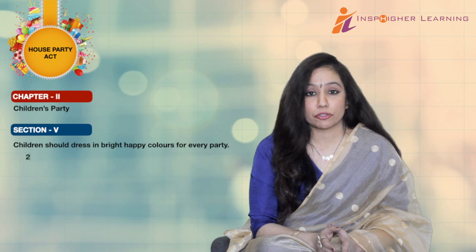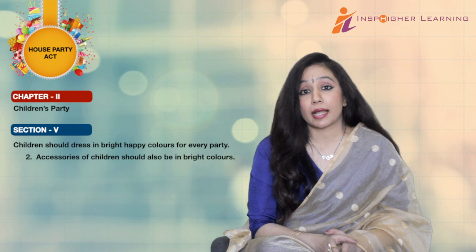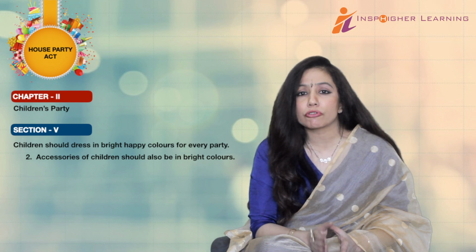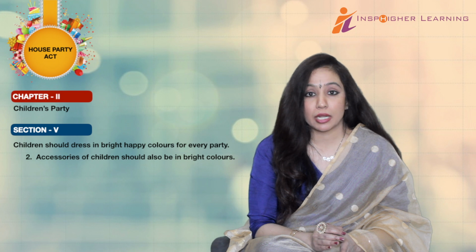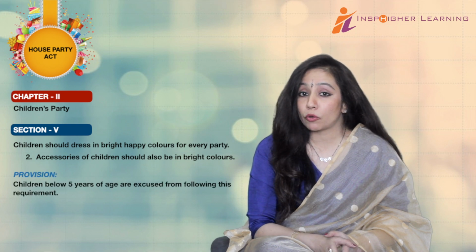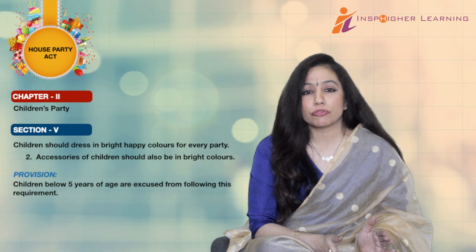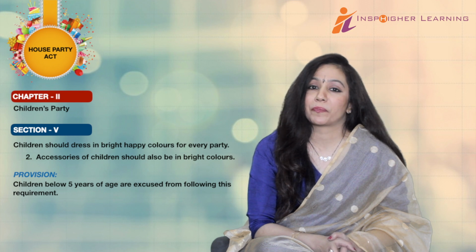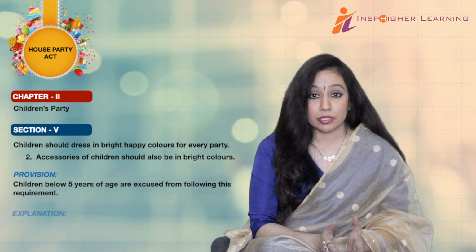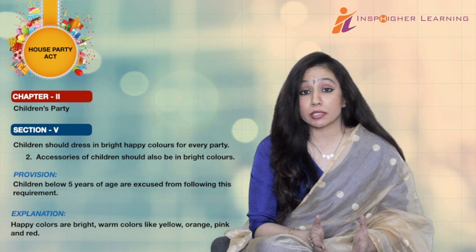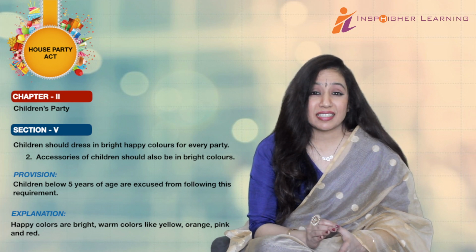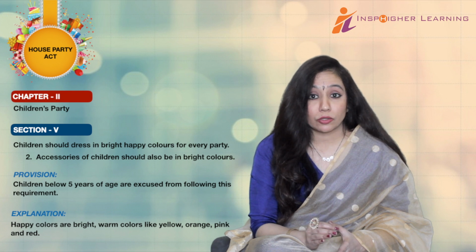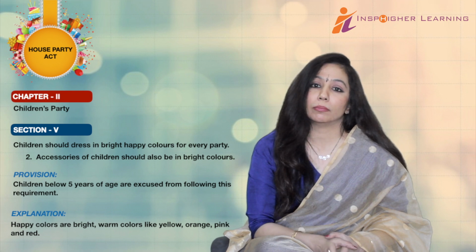A subsection to this section says that accessories of children should also be in bright colors. There is a provision to this section that says that children below 5 years of age are excused from following these requirements. An explanation to the section might go ahead to describe what is the meaning of bright, happy colors. This is the level of detailing that goes into creation of any law.